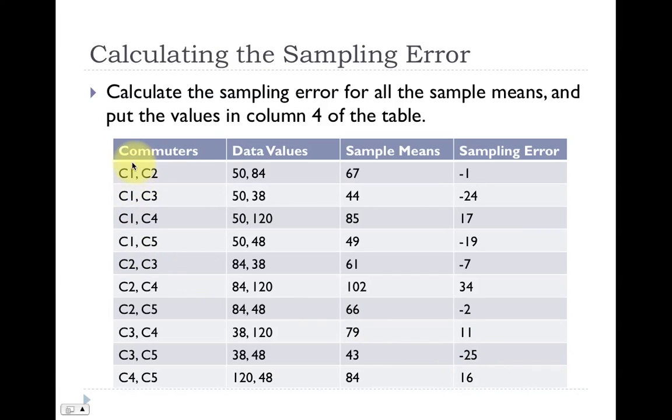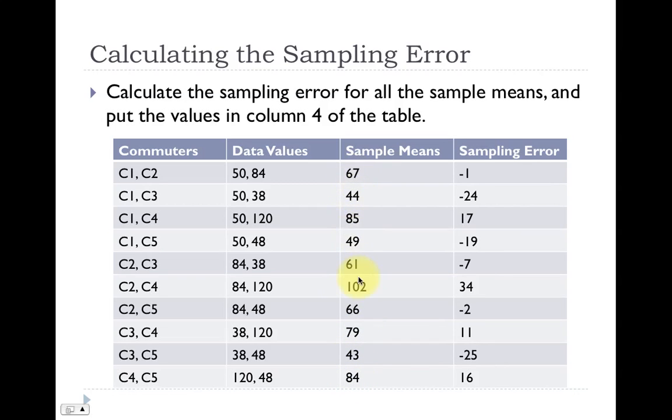We have a population of 5 commuters. We took samples of size 2 from the population, and these were all the samples of size 2, every possible combination. For each of those samples, we calculated the sample means, which are all the values for x bar for all the possible samples.